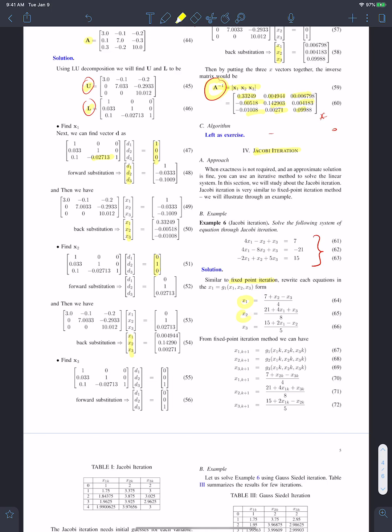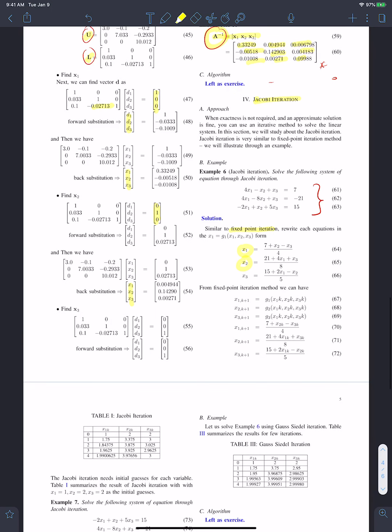And then you get x2 from the second equation 62. That will be 21 plus 4x1 plus x3 divided by 8. And from the third equation you get x3, which will be 15 plus 2x1 minus x2 divided by 5. So we have three iterations, and then we have to start with an initial guess and keep on iterating.